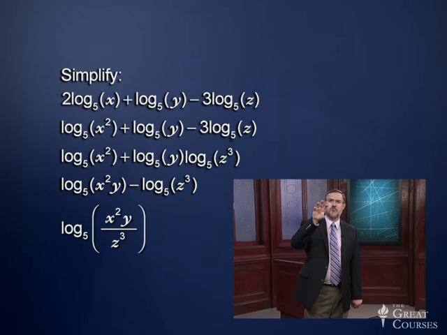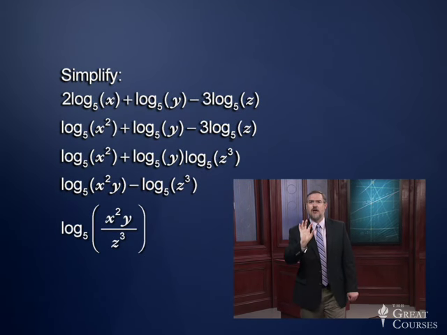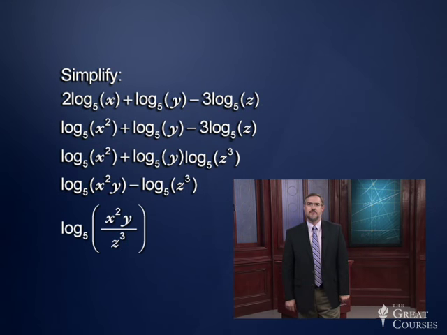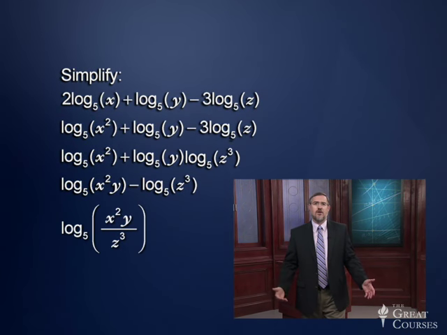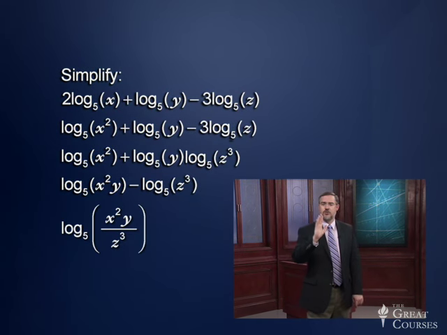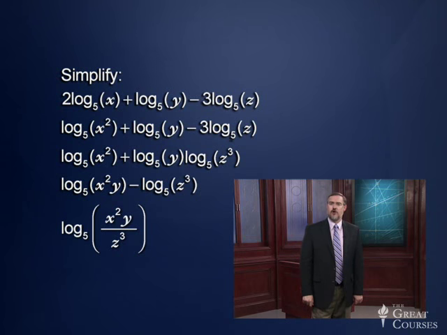And notice the x squared and the y divided by the z cubed are now all inside the log base 5 function. Well, that was my goal, was to write that complicated looking expression as one logarithm. So we accomplished that, and that's very well done.